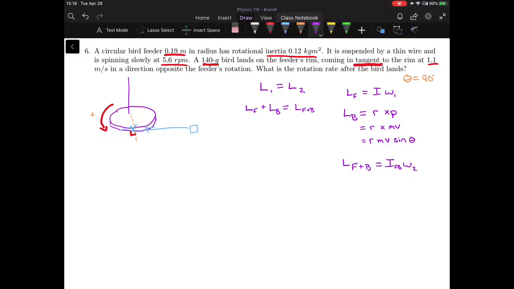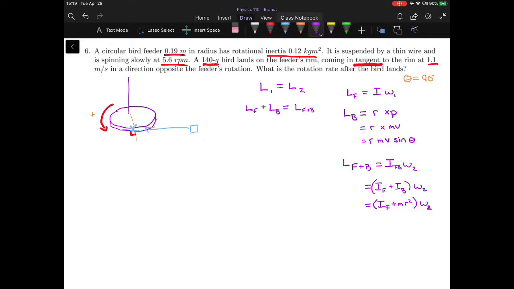Well, we know the I of the feeder, so that's just I_F, but now we need to add whatever the I of that bird is going to be. So that inertia of the bird is I_B. Well, we can model that as a point mass, so that bird is just a mass sitting at the edge of our system. So I feeder plus m r squared, right, for a point mass there, and omega 2.